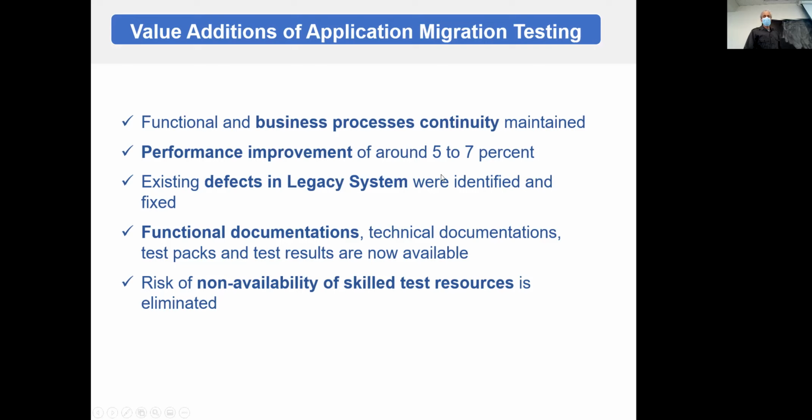Existing defects in the legacy systems were identified and fixed, because whenever you do migration testing, you might actually write new test cases, and you might identify bugs that can be fixed before they are transferred to a new system.